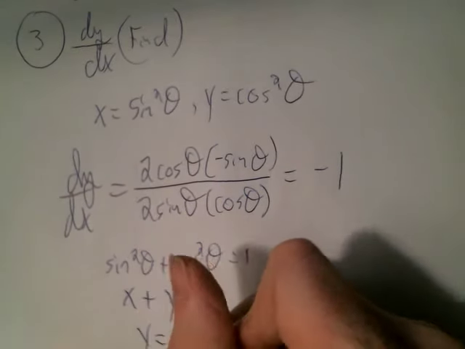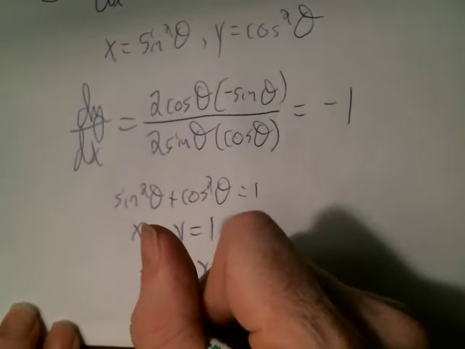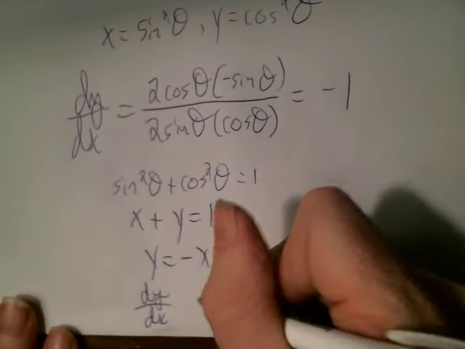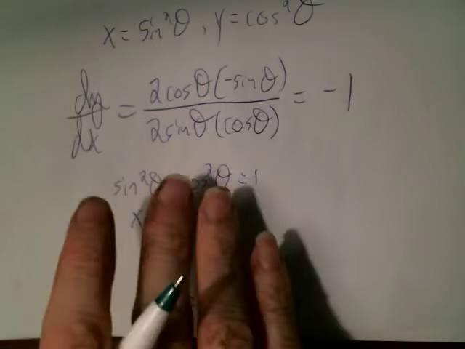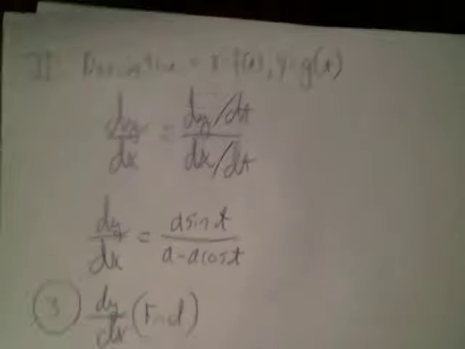So y is negative x plus 1, and of course the derivative of this is exactly the derivative that we got right here. The derivative is negative 1. Okay, so there's this alignment. It seems like they're disconnected in the universe, but they're actually connected. The rectangular and the parametric derivatives.